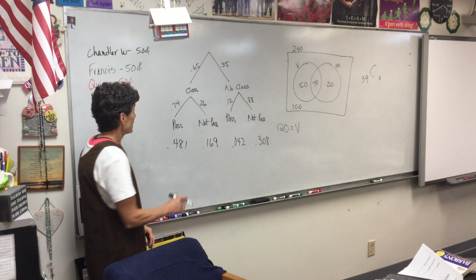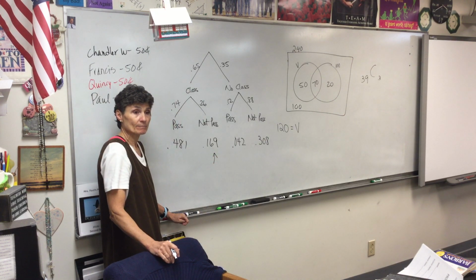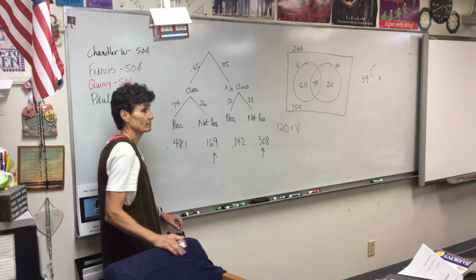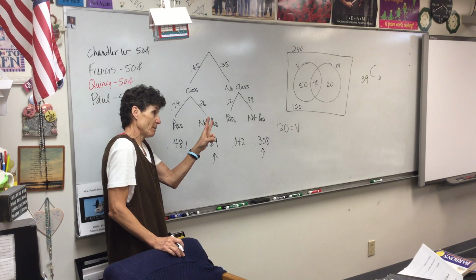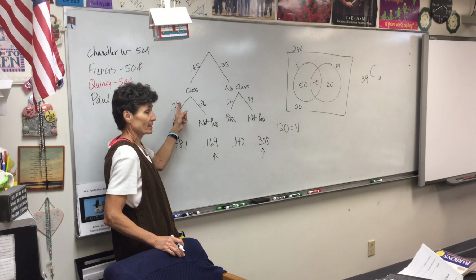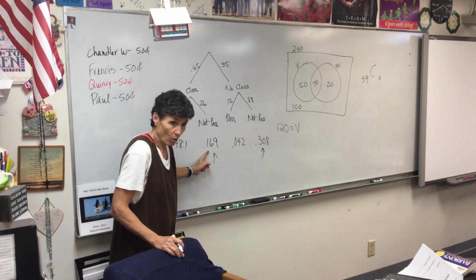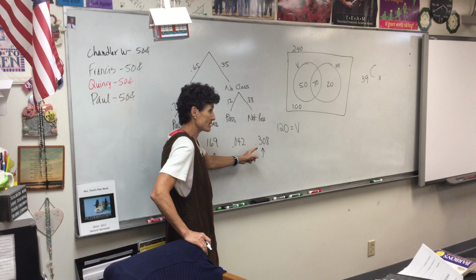Not pass happens here, right? And not pass happens here. So there are two ways he can not pass. He can come to class and not pass, or he cannot come to class and not pass.